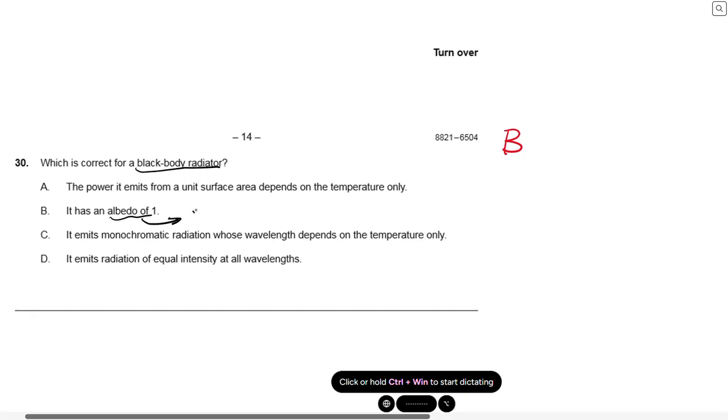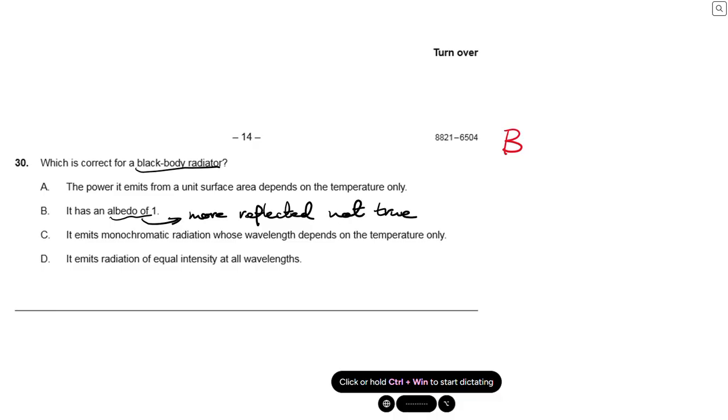A high albedo means more light reflected, which is not true. Black bodies absorb all radiation. Nothing is reflected. And so B is wrong.